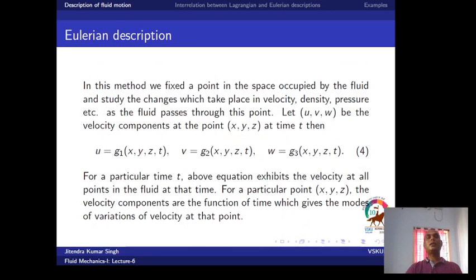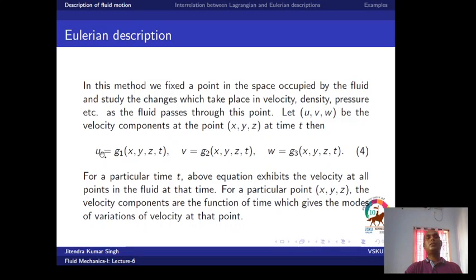Now we shall discuss the Eulerian description. In Eulerian description, we fix a point in the space occupied by the fluid and study the changes that take place in the velocity, density, pressure, etc. That means the changes in some fluid property as the fluid passes through the point x, y, z. Now suppose u, v, w are the velocity components along x, y, and z directions at the point x, y, z at any time t.